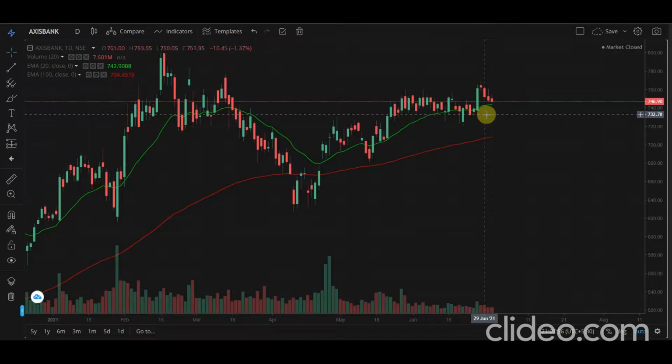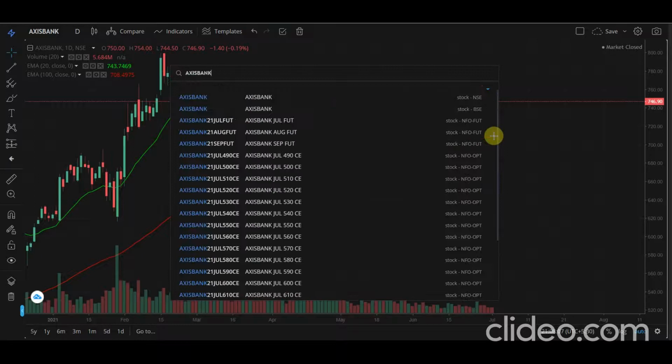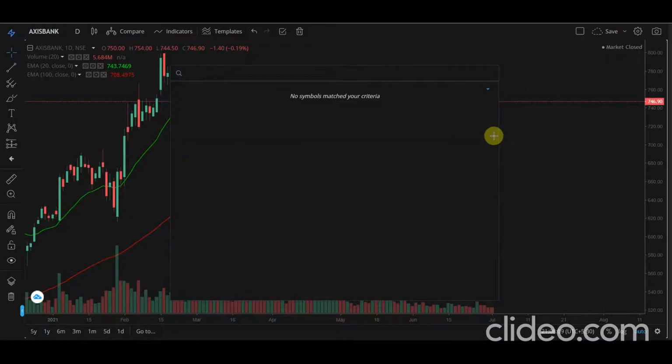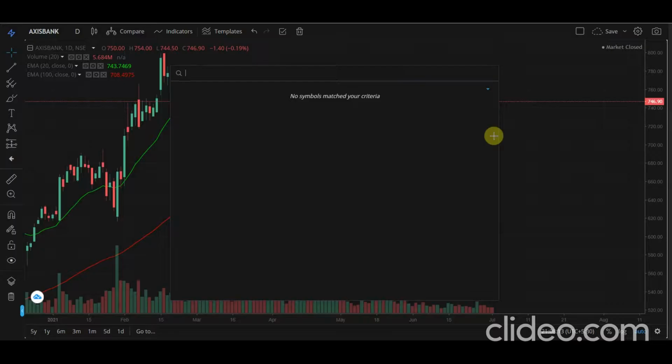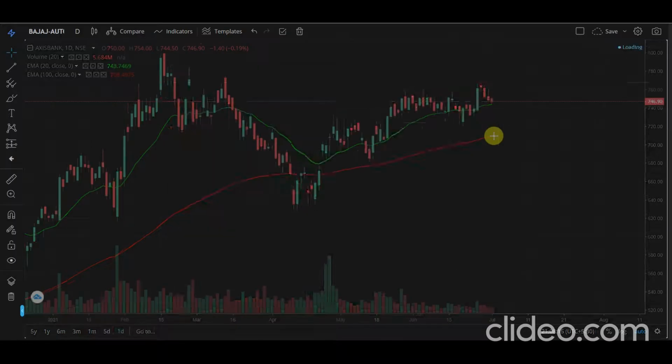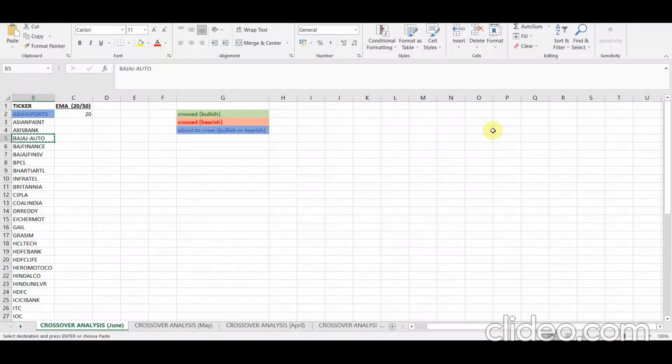Again, it's kind of flattish and the two moving averages are quite far away from each other. Next is Bajaj Auto. Again, the moving averages are too far away. We will move on to the next one.